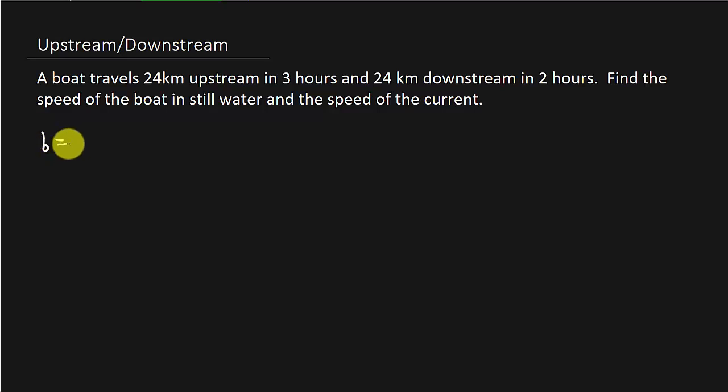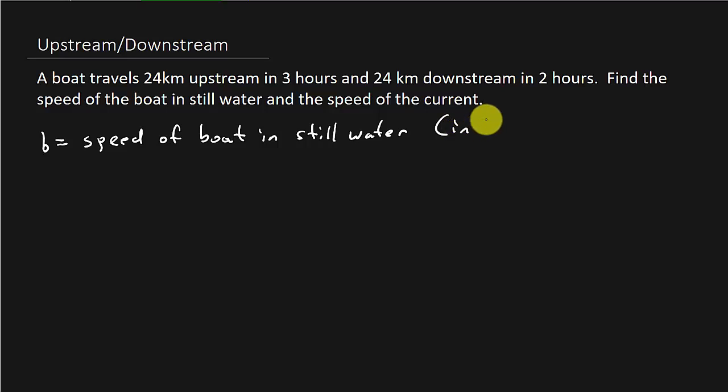So let's start out by letting B equal the speed of the boat in still water. And this is going to be in kilometers per hour. And then let's let C equal the speed of the current.